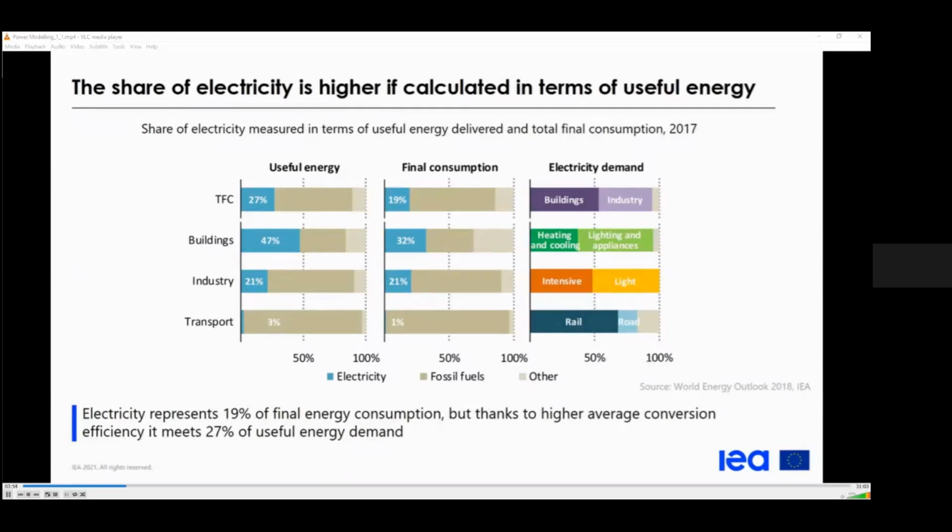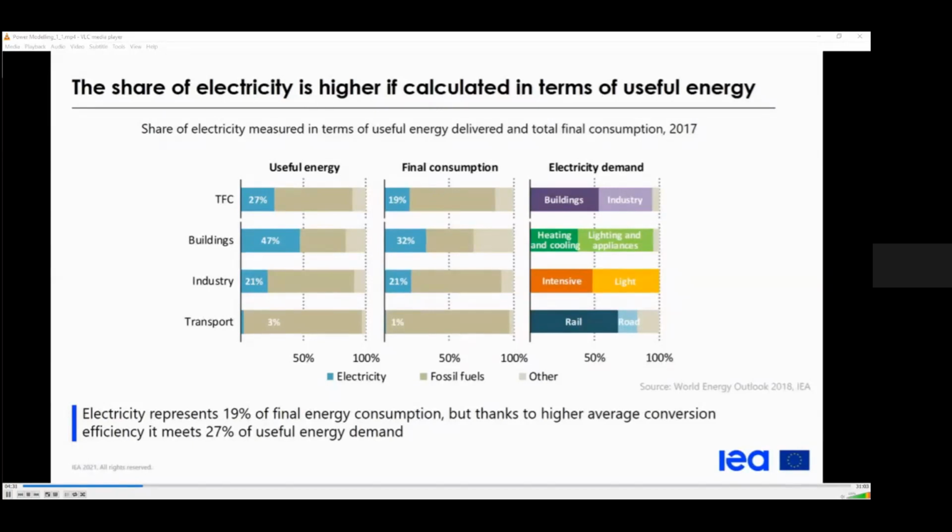We looked yesterday at end-use sector energy demand. Electricity accounts for a very important part of it. At the global level, we are talking about 1/5 of end-use sector energy demand that is met by electricity. And if we consider that electricity has a higher conversion efficiency compared to other fuels, other energy vectors, then this share of useful energy is even much, much higher.